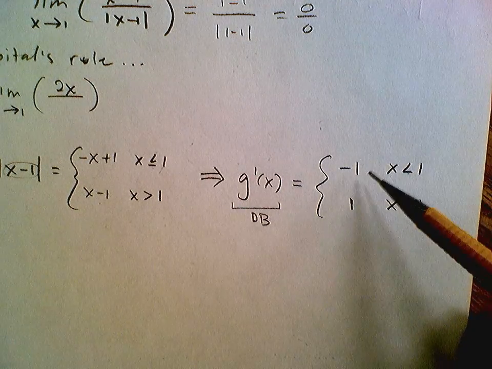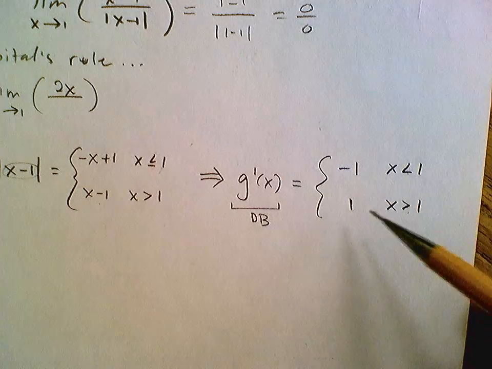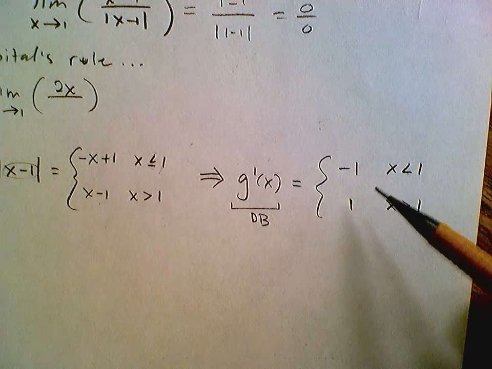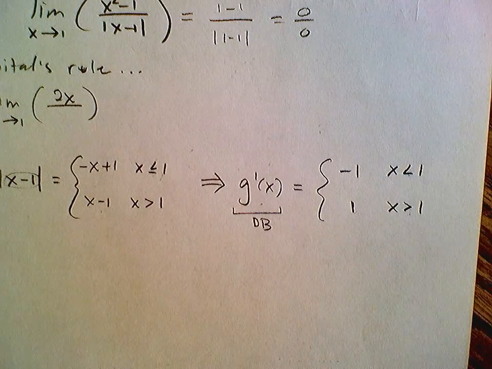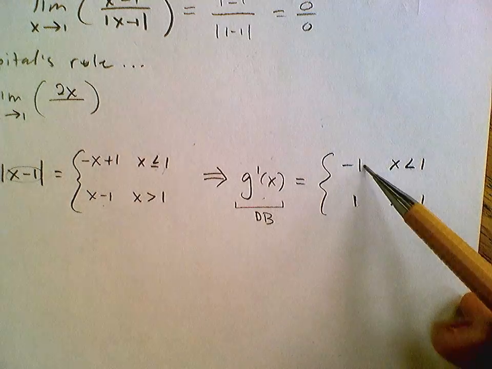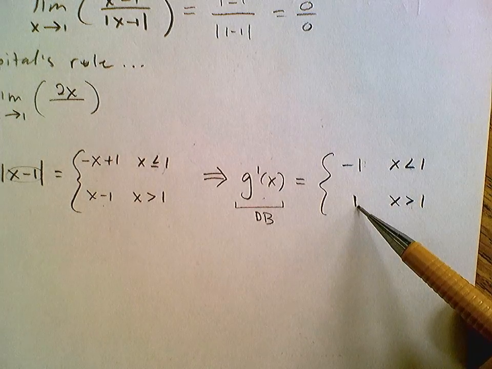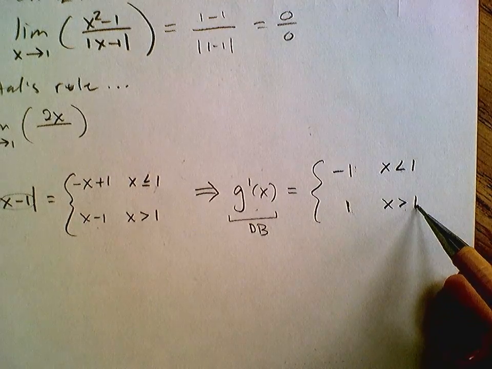I'm actually pretty sure it doesn't, because these are constant functions and they are not the same. So what we have to look at is the limit from the left of g prime and then the limit from the right. It looks like the derivative does not even exist there, because these are not going to be close to matching as you approach 1 from the left and right.